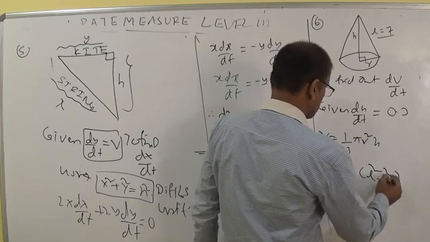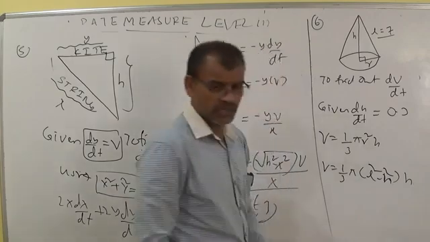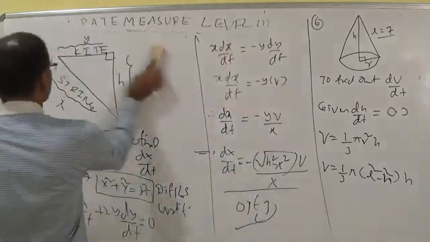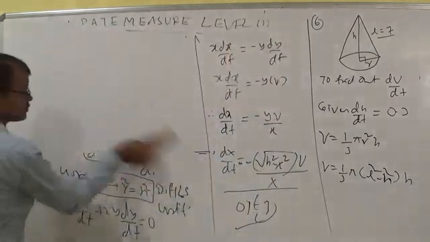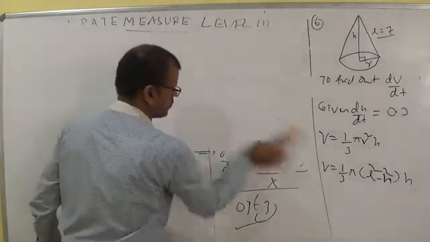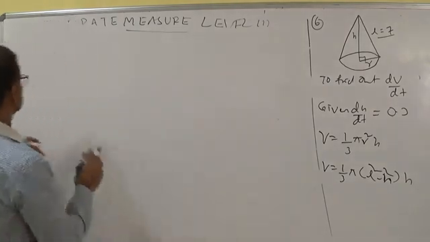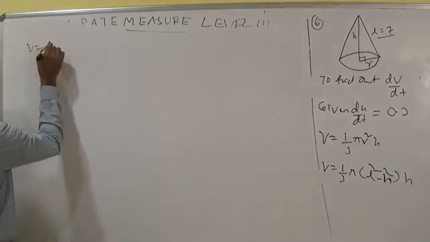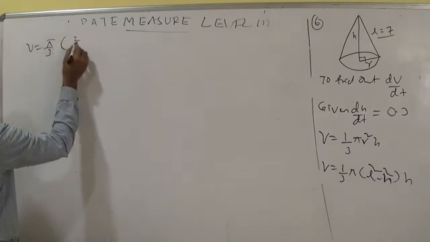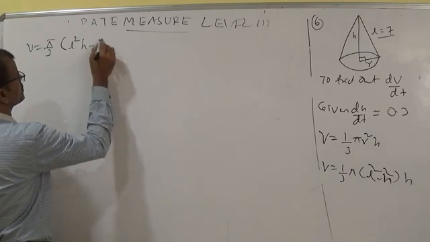L square minus H square into H. Next step, H multiplied with H. So V is equal to 1 by 3 into pi into L square H minus H cube. V is equal to pi by 3 into L square H minus H cube.